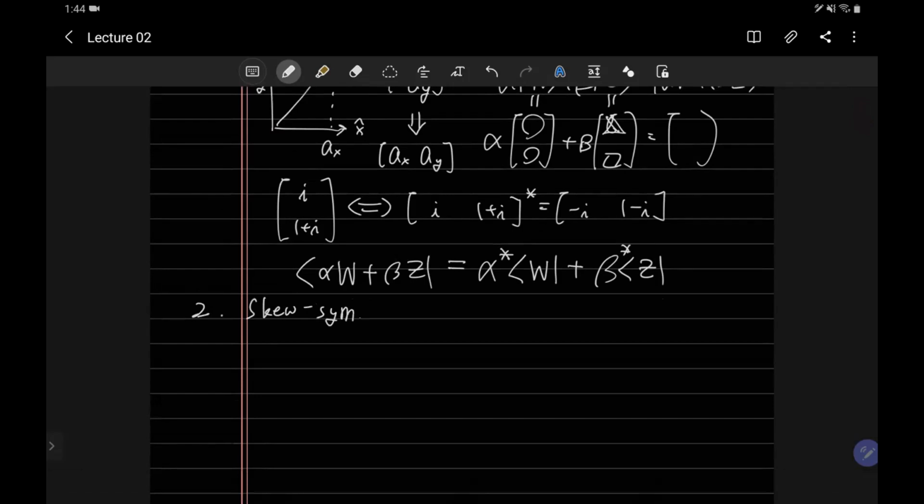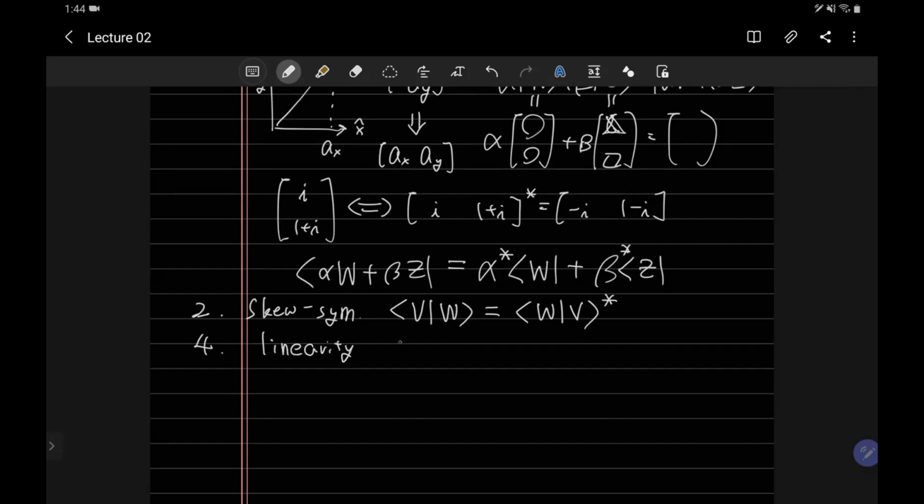What it said was that if we have (V, W), it is not the same as (W, V), but we need the complex conjugation.